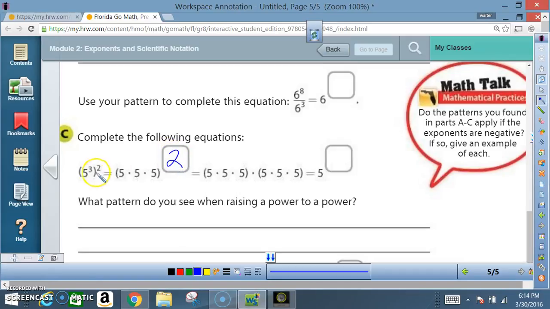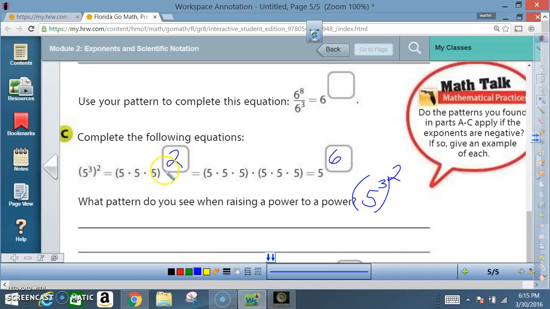So 5 to the 3rd raised to the 2nd means 5 times 5 times 5, parentheses, raised to the 2nd. Well, what does that mean? That means 5 times 5 times 5 twice. So let's write that out. 5 times 5 times 5, that's once, times 5 times 5 times 5. All right, so now how many 5s do we have altogether? 1, 2, 3, 4, 5, 6. So our final answer is 5 to the 6.